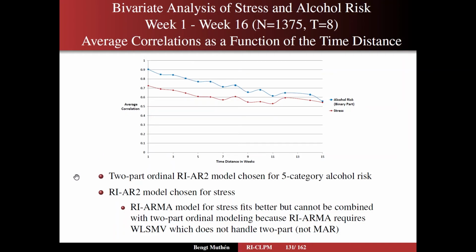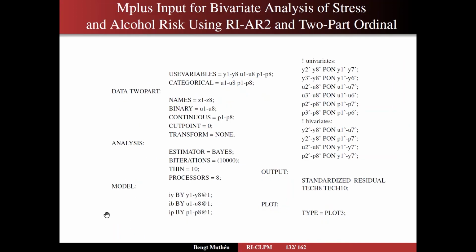So here we're going to choose a two-part ordinal RIAR2 model for the 5-category alcohol risk variable and an RIAR2 model for stress. The RI-RMI model for stress fits better, we acknowledge that, but can't be combined with two-part ordinal modeling, again because RI-RMI requires WSMV, which does not handle two-part. It's not obeying missing at random, only missing completely at random.